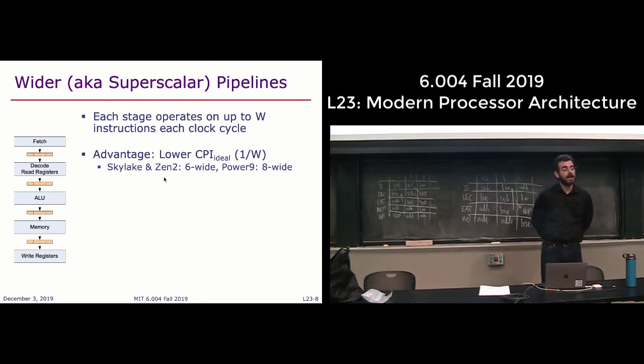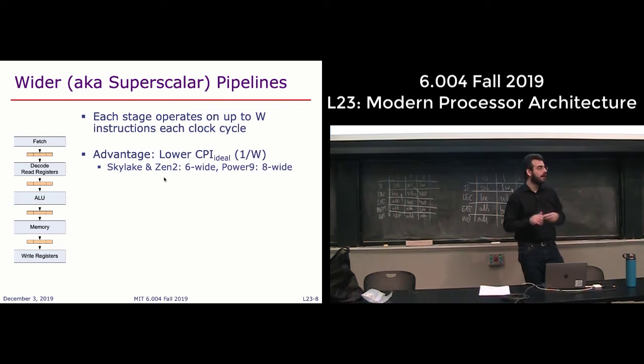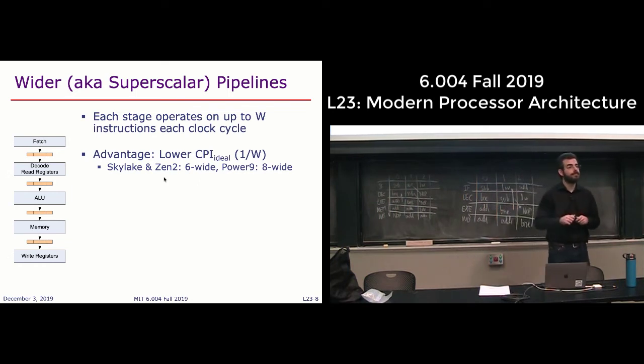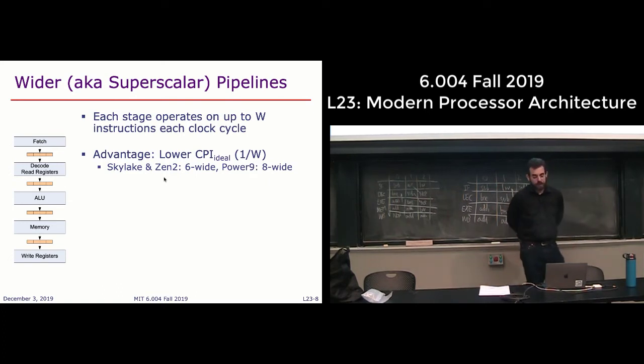So instead of an ideal CPI of 1, with a width of W, if we can do W instructions per cycle, we can get up to W throughput, so 1 over W CPI. Modern processors use between 4 and 6 wide execution, so they will execute up to 4 to 6 instructions at once.